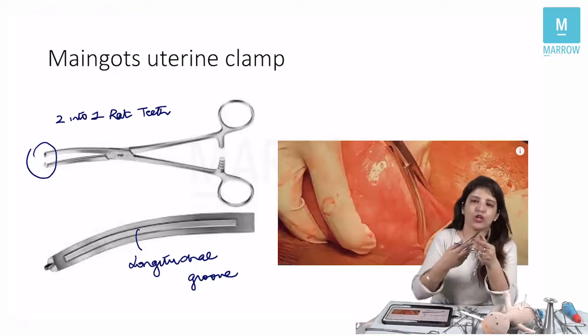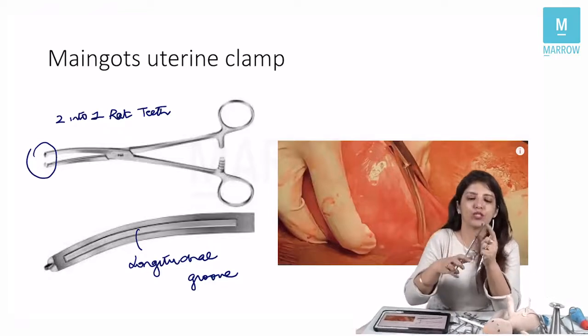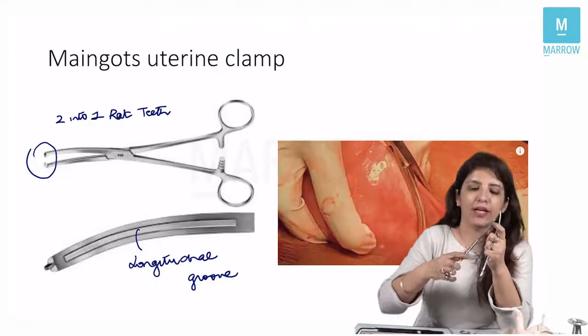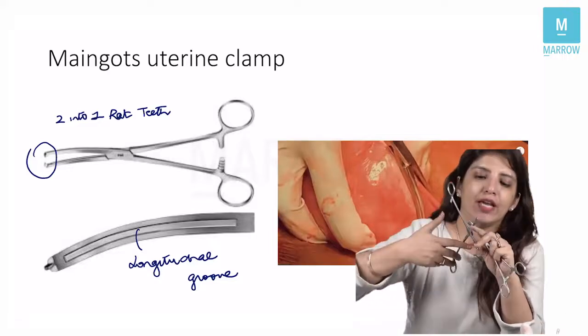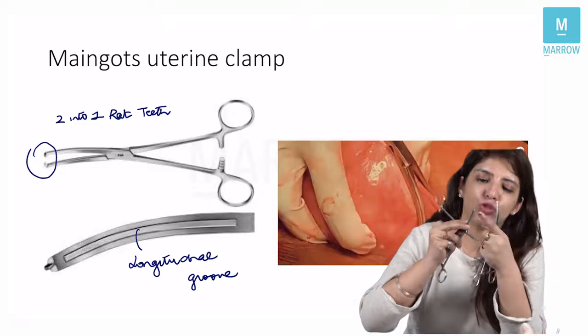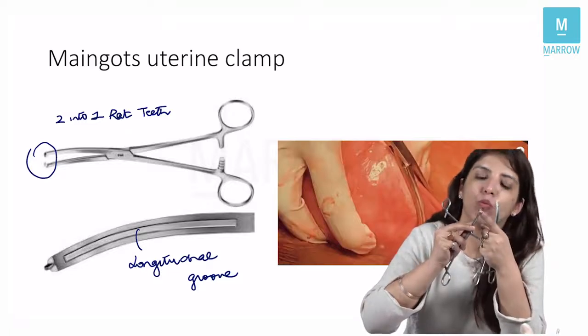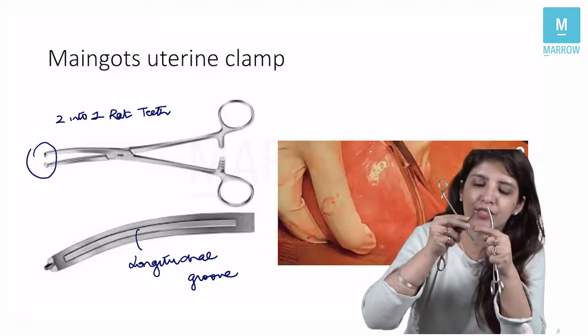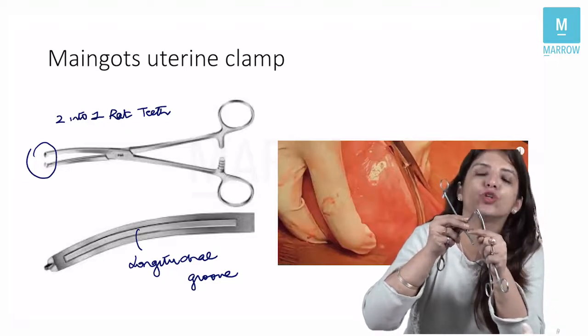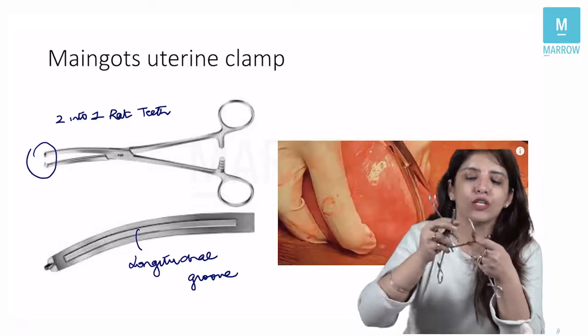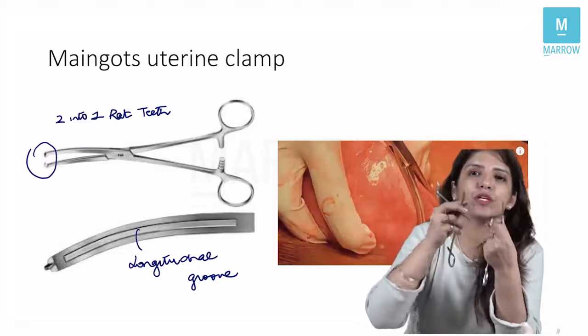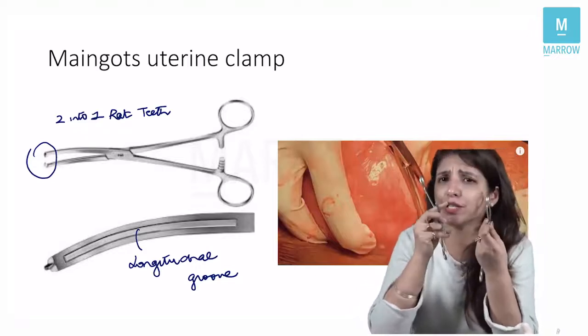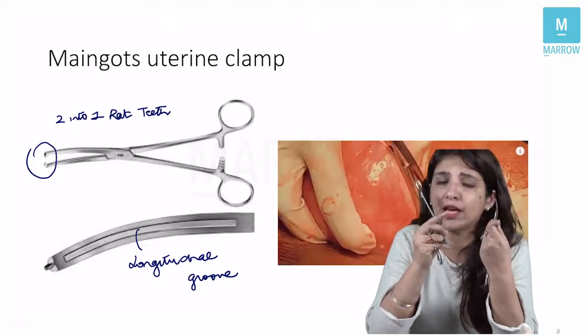Similar to Cocker's forceps is Maingot's uterine clamp. In Maingot's uterine clamp also you have on the tip one tooth on one side and two teeth on the other side, but the difference is it has a longitudinal groove, whereas Cocker's forceps was having transverse serrations. So please look at this instrument very, very carefully.